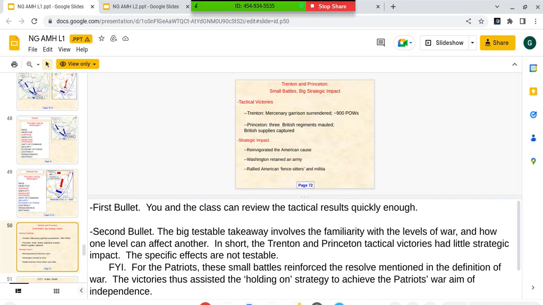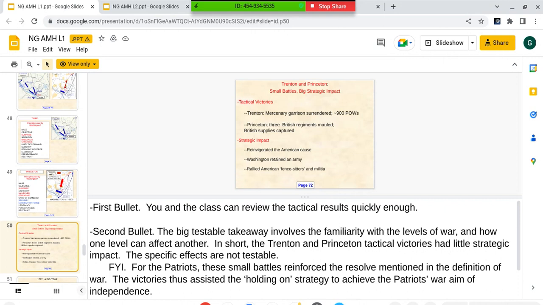The strategic impact was that the American cause was reinvigorated. Washington was able to get a lot of recruits for the army because a lot of people started to see that the British were vulnerable, and that the Americans might actually have a chance against the British because of this battle. For that reason, it really helped to rally American fence-sitters and militia.